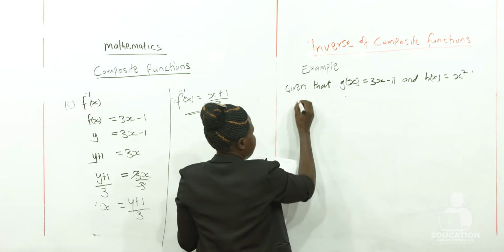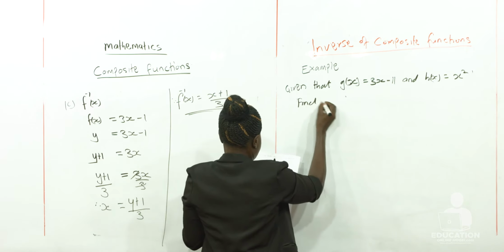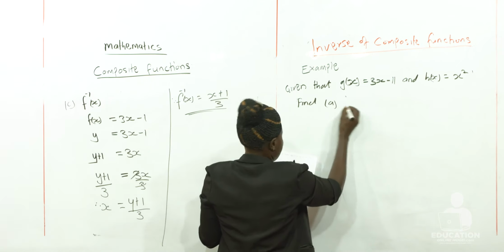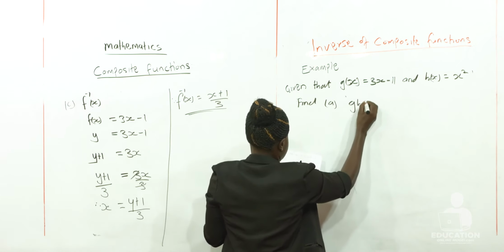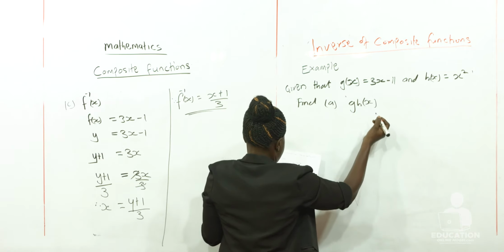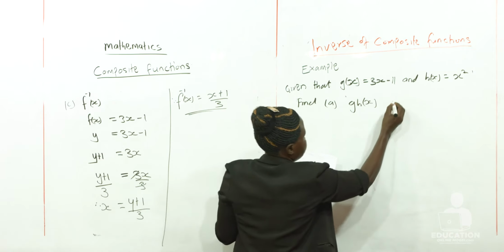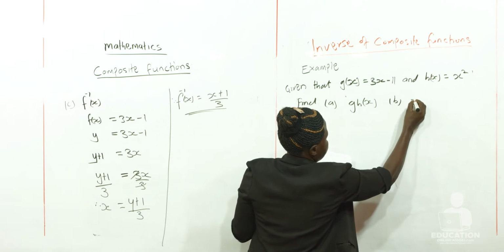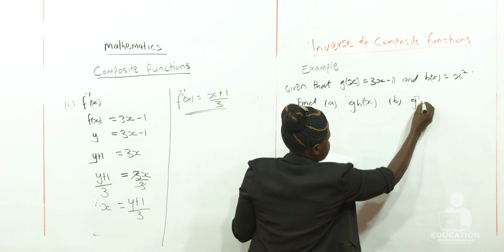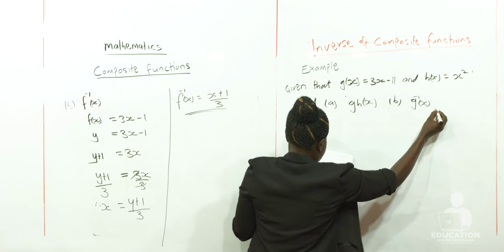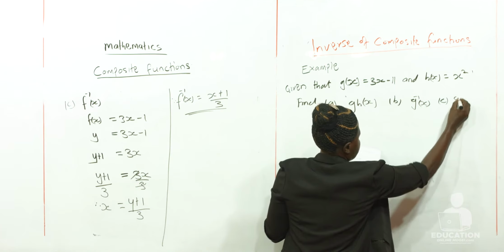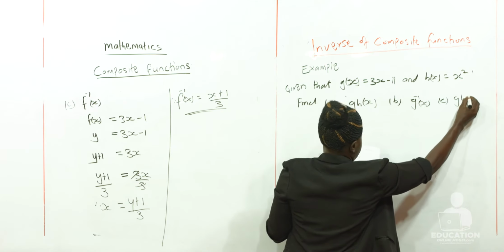Then they say find a, g h of x, and then b, inverse of g, and then c, we have g h of 1.